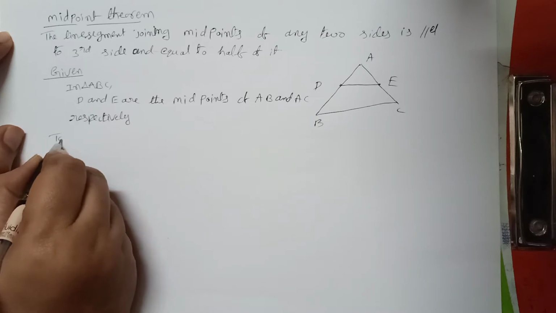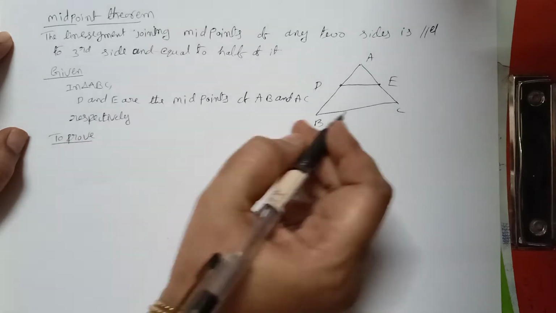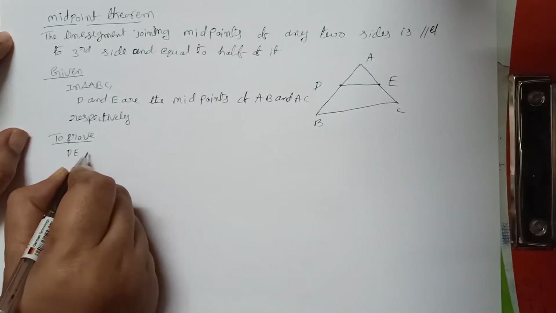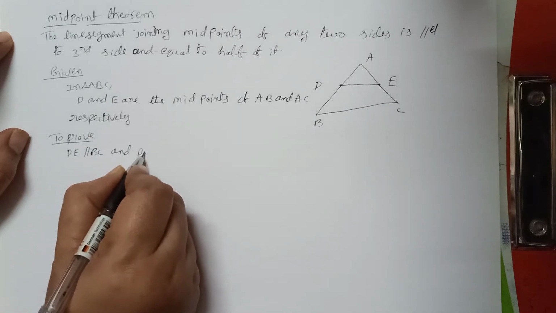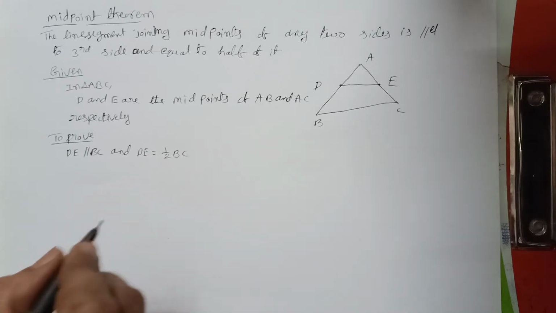What is to prove? DE parallel to BC and DE is equal to half BC.